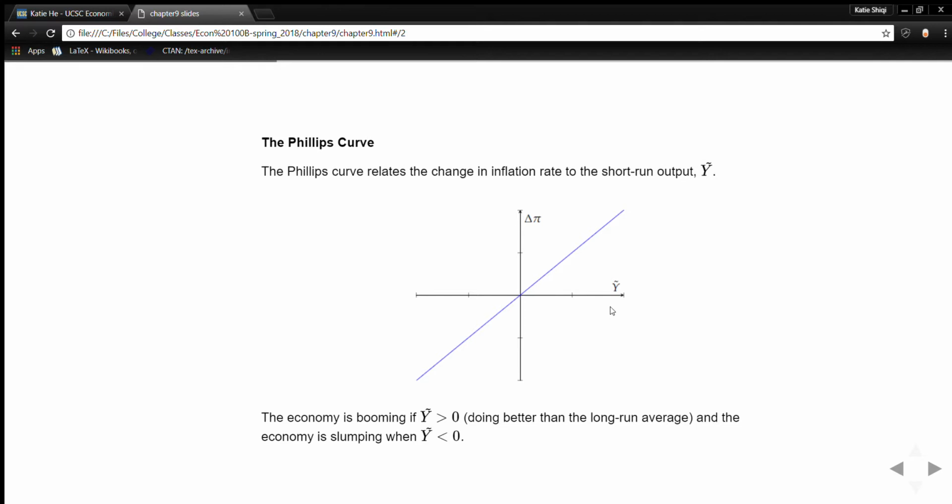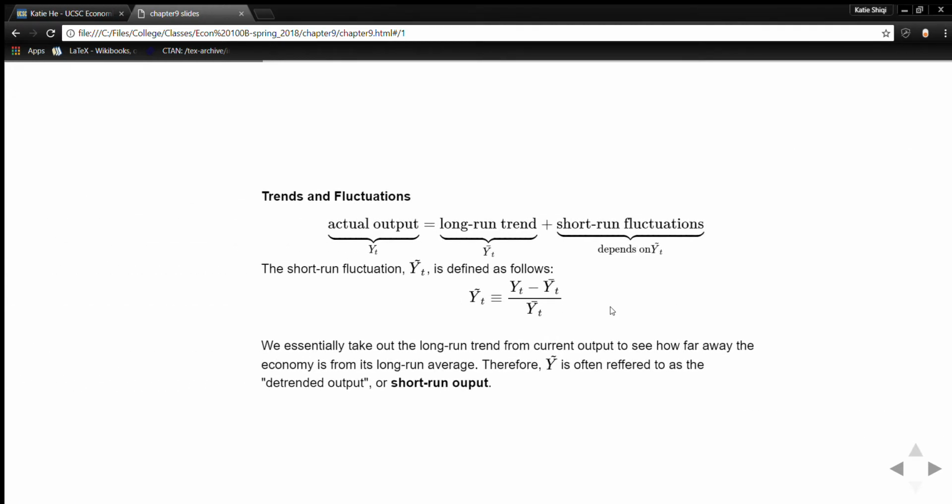And under what circumstances will we get that? Well, if you look at the formula, y tilde is positive when yt is greater than y bar, which means that the amount of output that we have right now is bigger than the average. So the economy is doing better than its long run average.